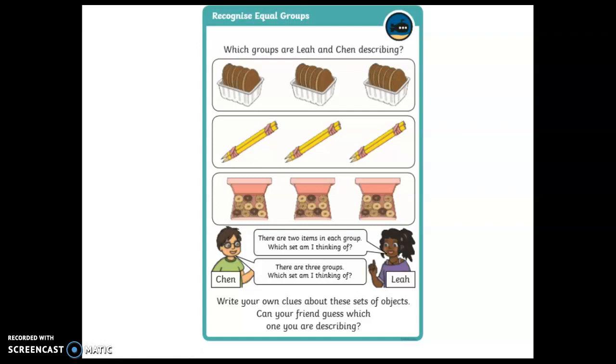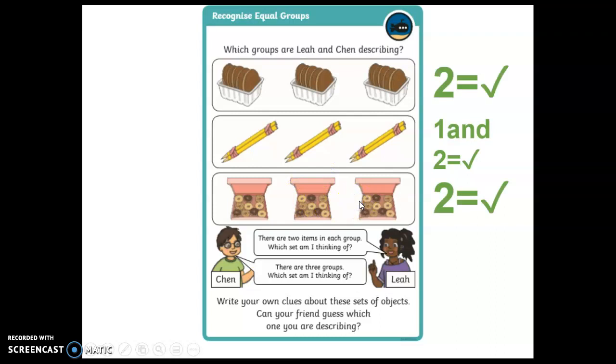So it's just making sure that when you are reading these questions that you follow carefully and know exactly what that question is asking you to do. So the pencils are right for Leah, and the biscuits are correct for Chen.